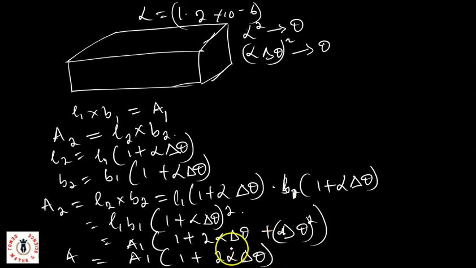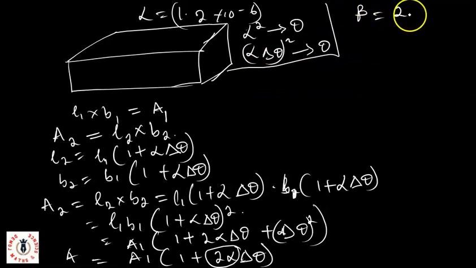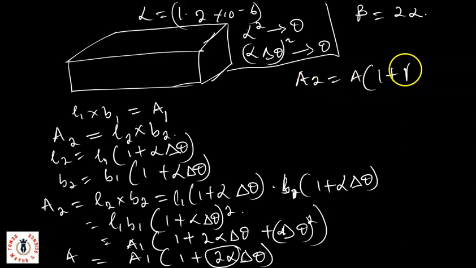Now from here, we know that 2 alpha is a constant. We can represent it with the area expansivity, so that we conclude that the area expansivity of the object, beta, is the same thing as 2 alpha. So A2 conclusively will be the same thing as A1 into 1 plus beta delta theta.